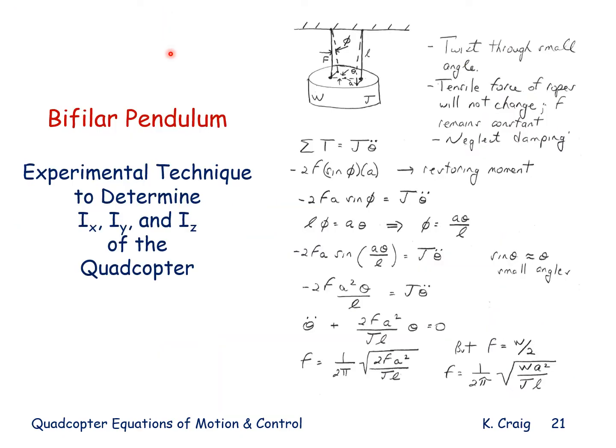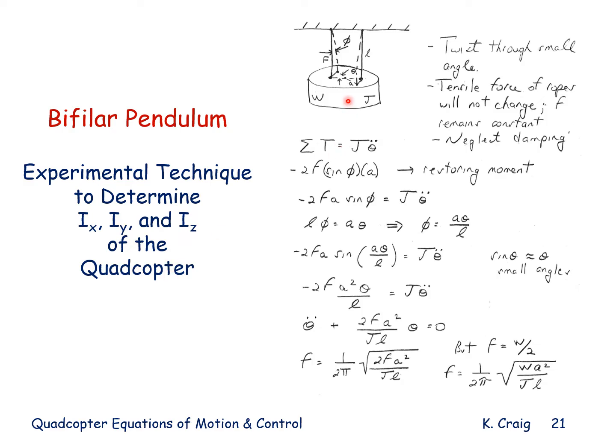How can I obtain experimentally the mass moments of inertia of my quadcopter? I will use a technique called the bifilar pendulum to experimentally determine IX, IY, and IZ of the quadcopter.